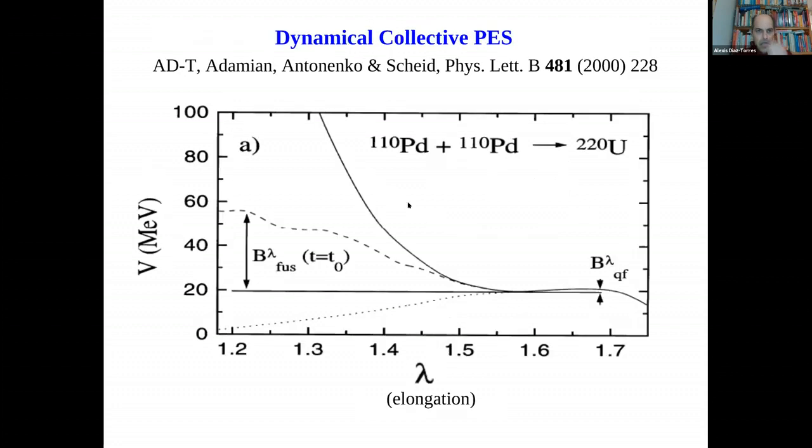And here I show you the concept of dynamical collective potential energy surface, because the diabatic motion produces excitation in the single particle world. As a consequence of the diabatic motion, many particles and many holes in the spectra of the dinuclear system are formed.